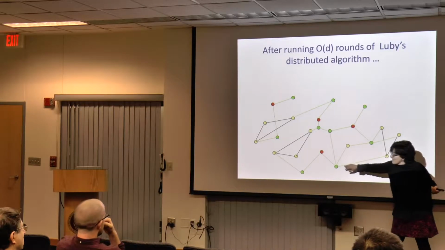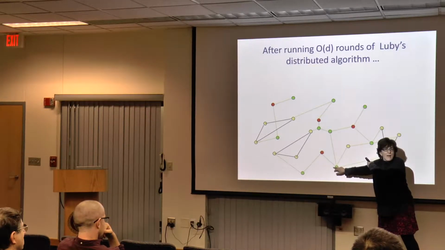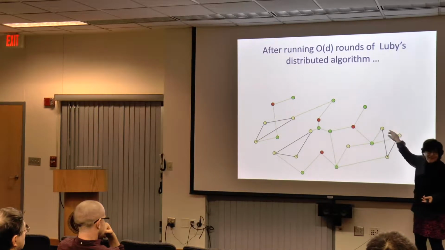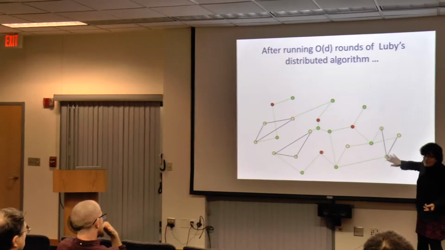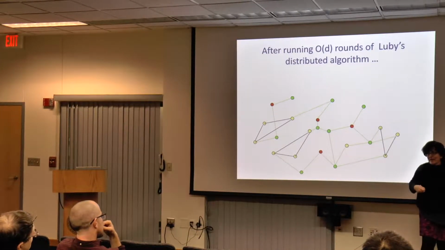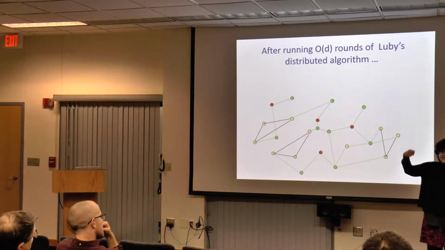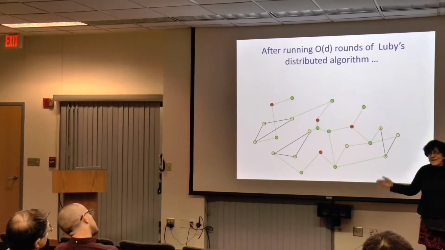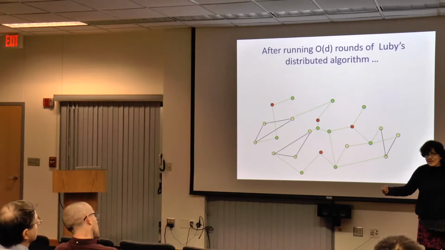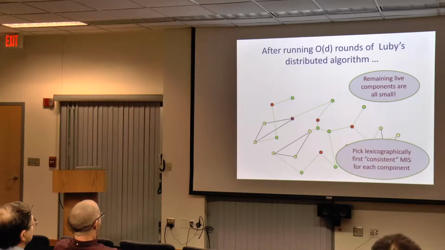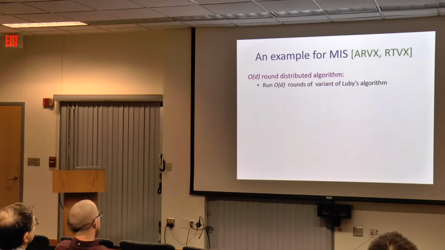And I might go to this neighbor, and this guy has to do the D to the D computation and figures out he's green. So I go back, I do BFS, I find this whole thing. Every time I take a BFS step, I have to do this D to the D computation to figure out if that new person is alive. But I only have to do polylogarithmic BFS steps. So it's going to be polylog times D to the D. Okay, so this is the algorithm.